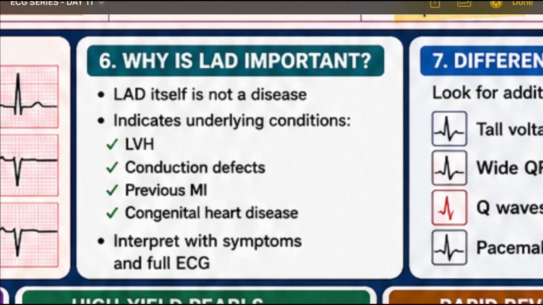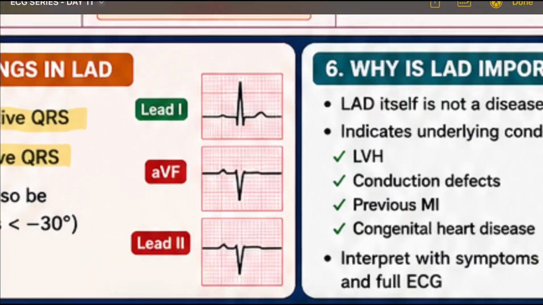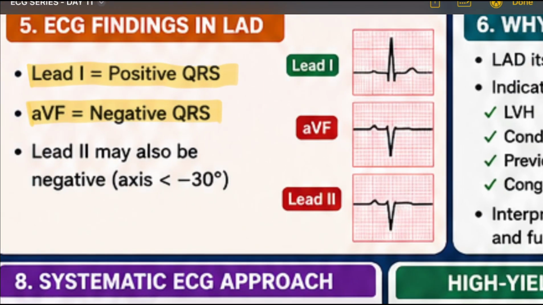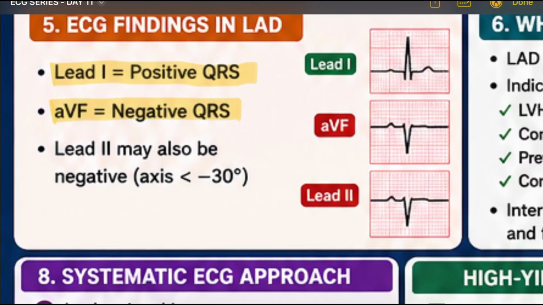Okay. Why is LAD, that is left axis deviation, important? Here is a clinical example: a 68-year-old man with longstanding hypertension undergoes an ECG. The findings: lead 1 will be positive and lead AVF will be negative. If there are tall R waves in V5 and V6, then we have to suspect the patient has left ventricular hypertrophy with left axis deviation.